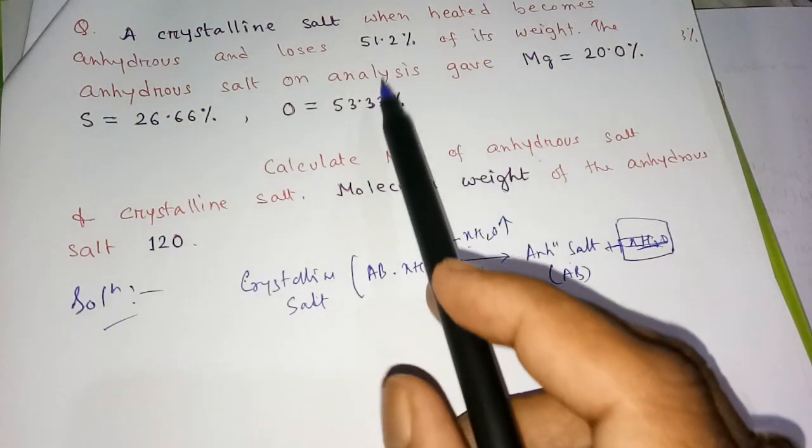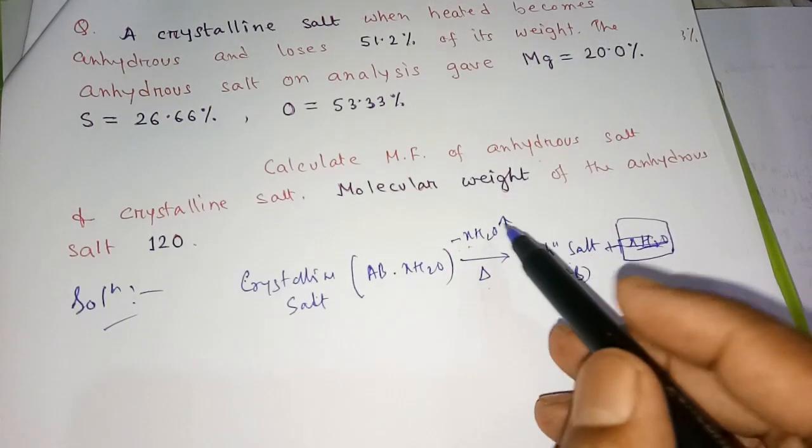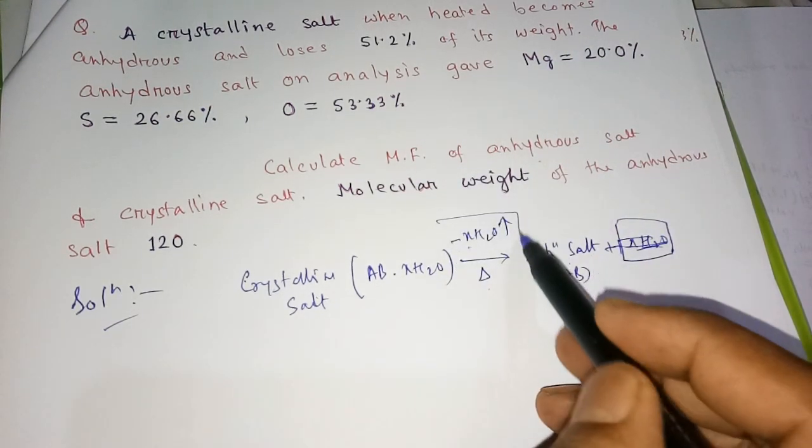So the crystalline salt becomes anhydrous salt on heating. It loses 51.2% of the weight.